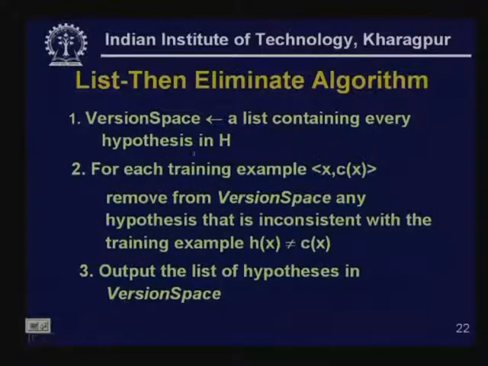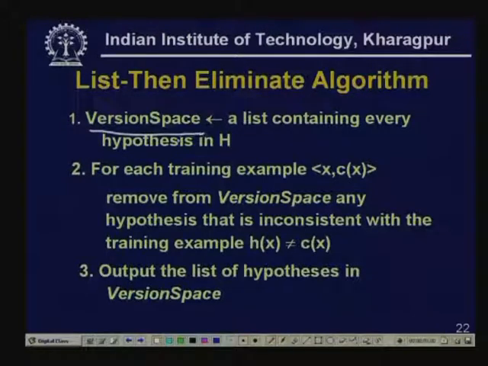Nevertheless, the list-then-eliminate algorithm can be described as follows. We maintain a data structure called the version space, which is a list containing every hypothesis in the hypothesis space initially. Then we process each training example one at a time.